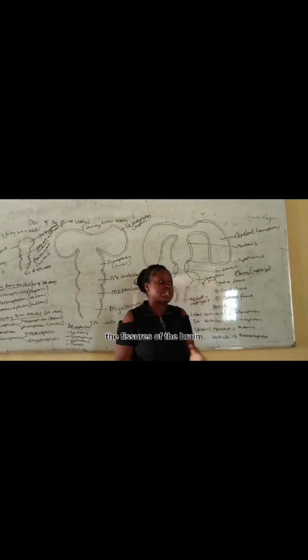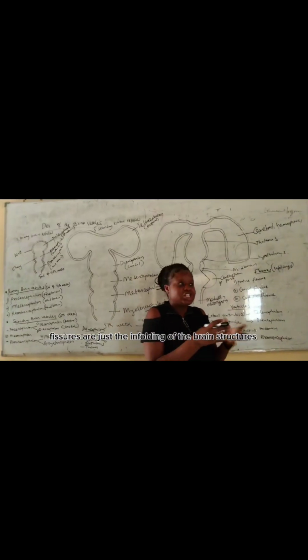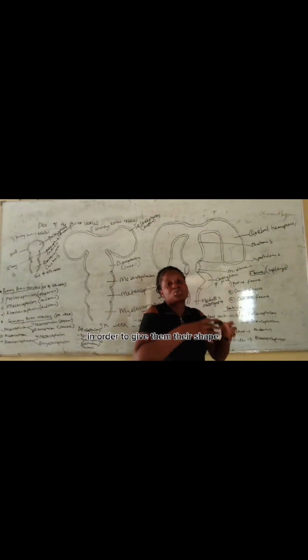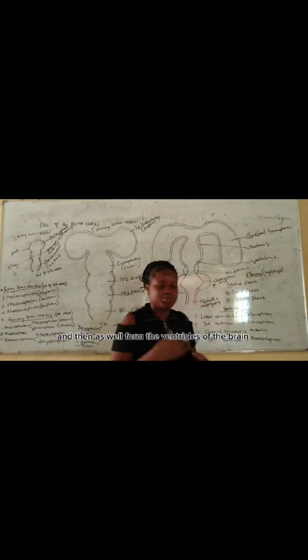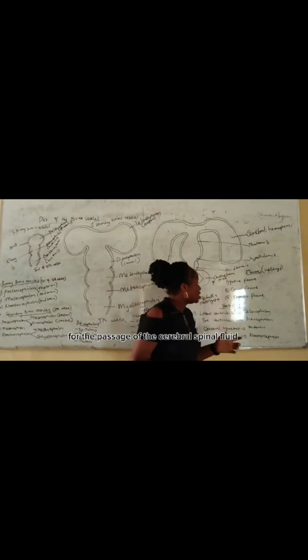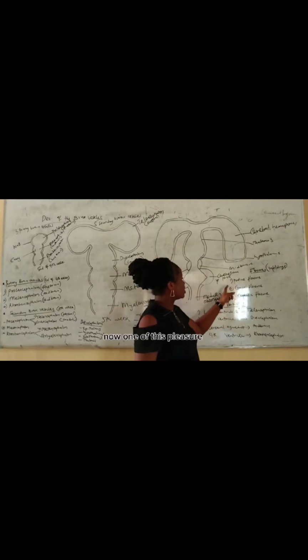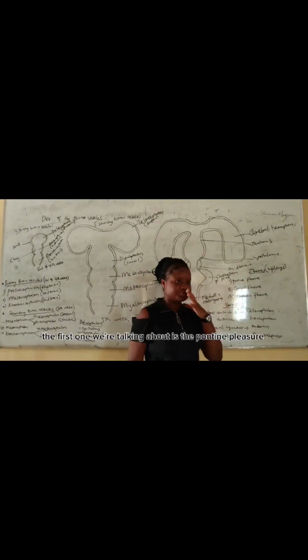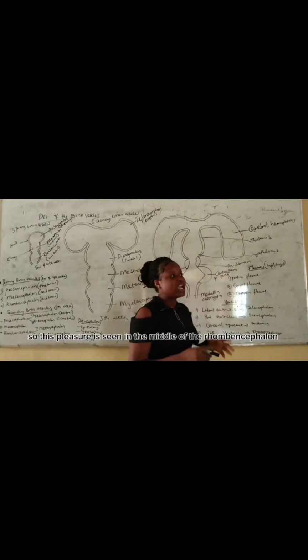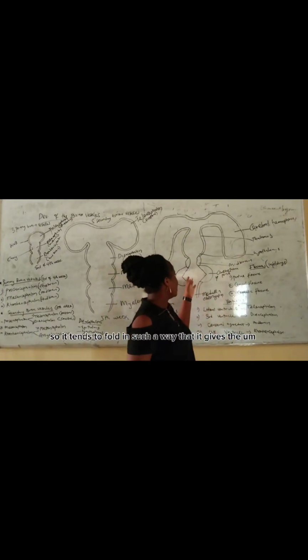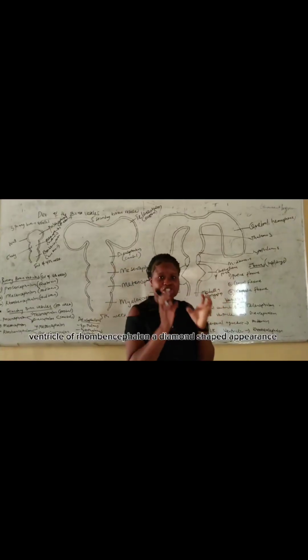Now there's one other thing we need to know, the flexures of the brain. What are flexures? Flexures are just the infolding of the brain structures in order to give them the shape or appearance they're supposed to have, and as well form the ventricles of the brain for the passage of the cerebrospinal fluid. The first one we're talking about is the pontine flexure. This flexure is seen in the middle of the Rhombencephalon. It folds in such a way that it gives the ventricle of the Rhombencephalon a diamond-shaped appearance.